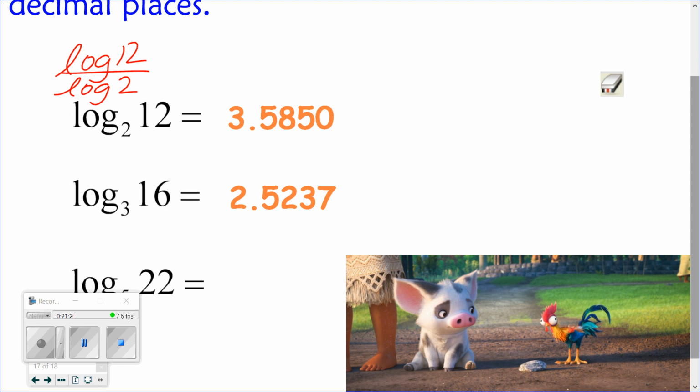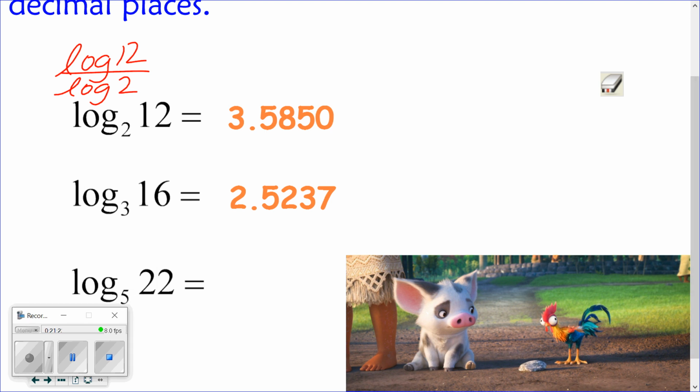And then the last one, log base 5 of 22. Be careful with your rounding. If you wrote the 5 on the end instead of the 6, I'm taking a point off. I rounded it correctly.